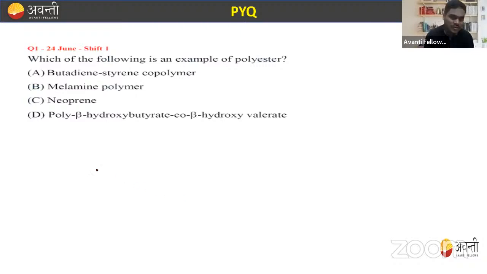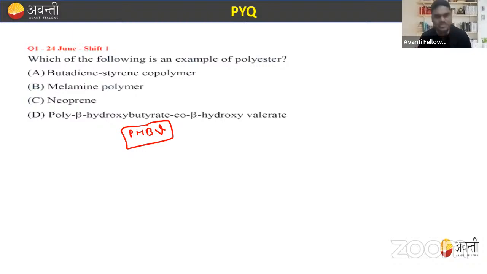This one is a very important type of polymer. Just try to learn the name, because it is PHBV. They are basically known by this name only. Someone may ask you the full form of PHBV. The full form of PHBV is poly beta hydroxybutyrate co beta hydroxyvalerate.